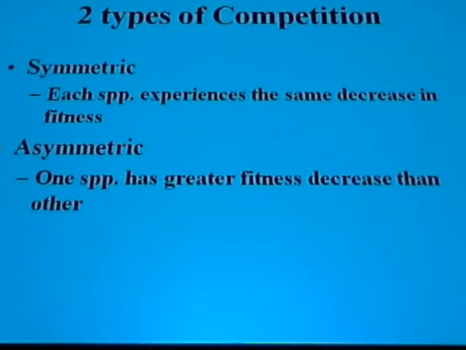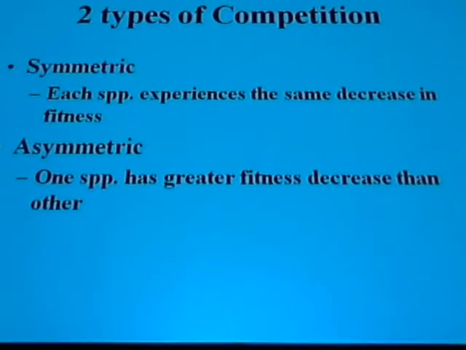Now, most competition in nature is asymmetric. There are very few examples of two separate species that are exactly equally weighted in their ability to compete for a resource and experience the same decrease in fitness when they interact. Most of the time, one is better than the other.